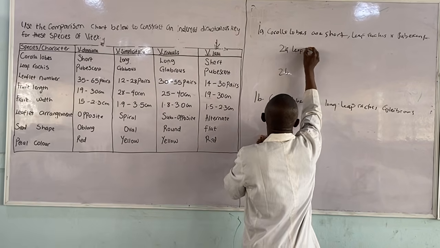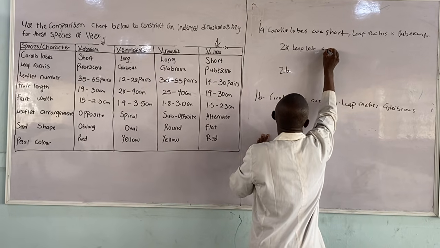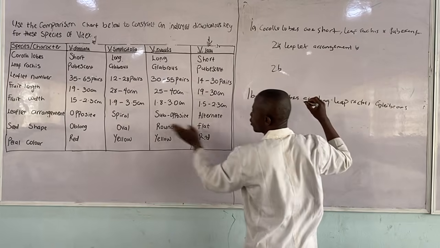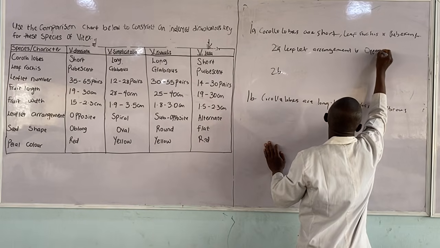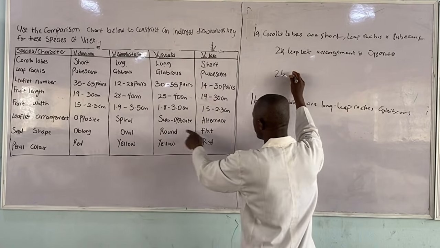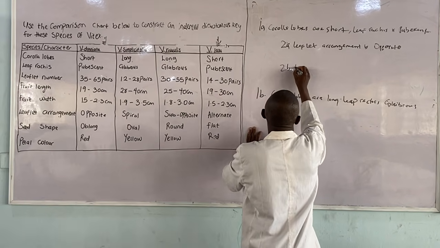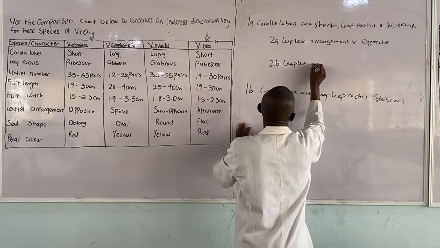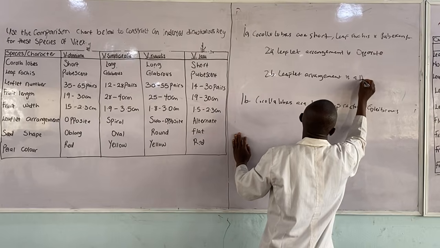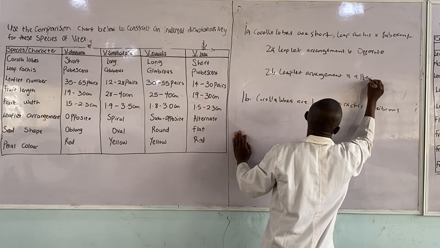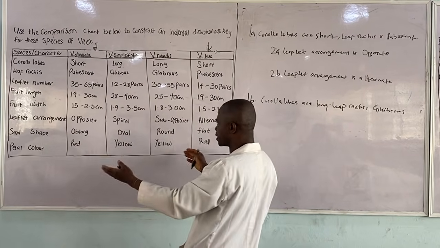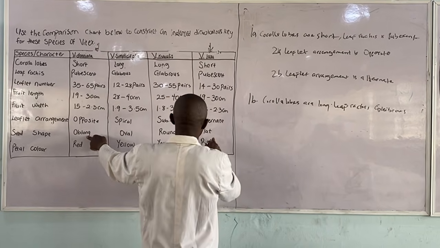So we have what? Leaflet arrangement is opposite, whereas in this case, leaflet arrangement is alternate. Another character that can differentiate them is seed shape, oblong and flat.